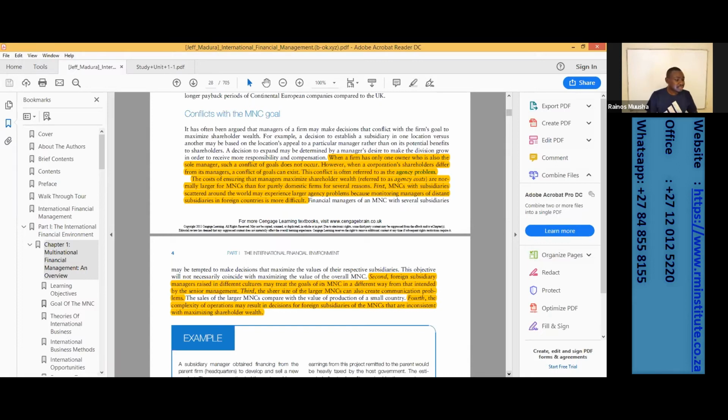But because different countries or economies have different ways of operating, some of the decisions are not going to be suitable for the different economies in which the different subsidiaries are operating. So those are some of the conflicts that can also arise when it comes to the goal of the multinational company.